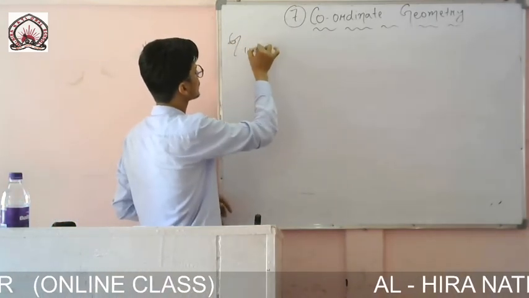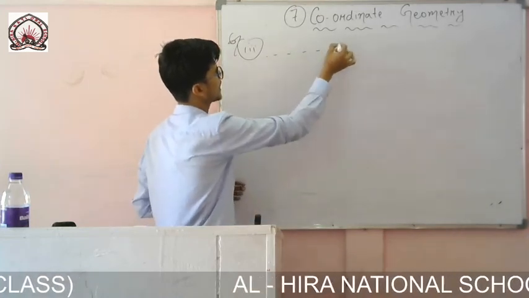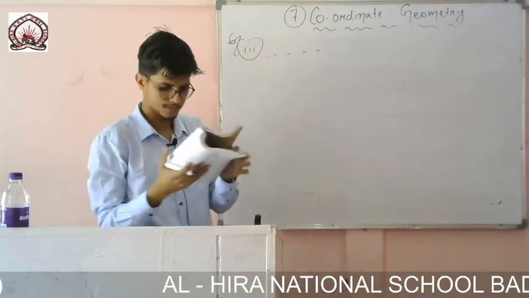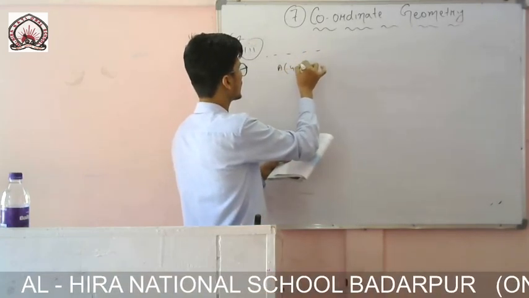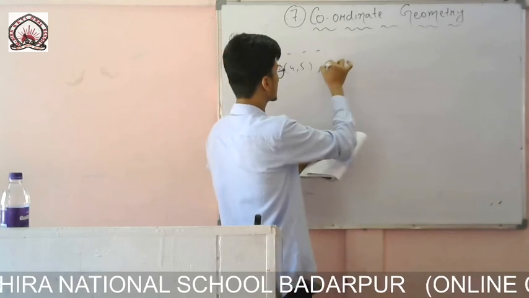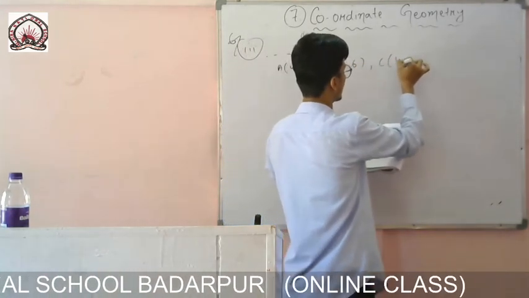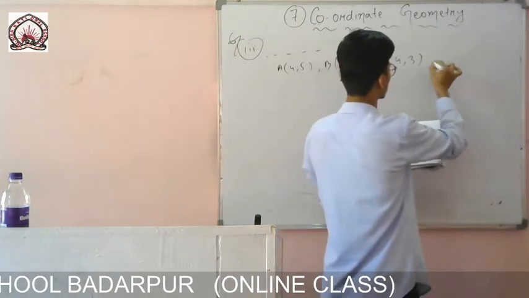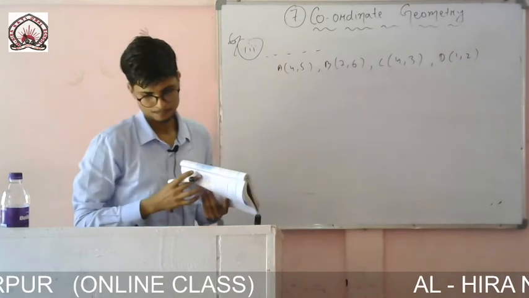Question number 6, Roman number 3. You write the first line, let the points be, and then you name them. A is (4,5), B is (7,6), C is (4,3), and D is (1,2).